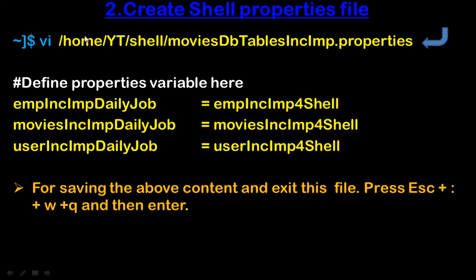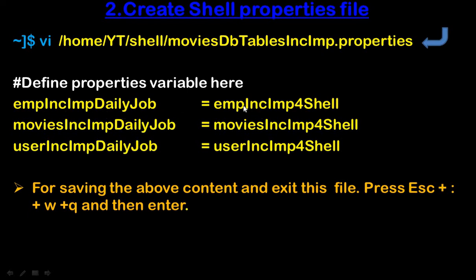So we write vi space slash home slash yt slash shell slash movies db tables inc imp dot properties. You can write any name here, and when we hit enter, it will open a file, and in this file we can write these properties. As I write, we define property variables here: this is the first Scoop job, this is the second Scoop job, this is the third Scoop job, and we assign these Scoop jobs to these variables.